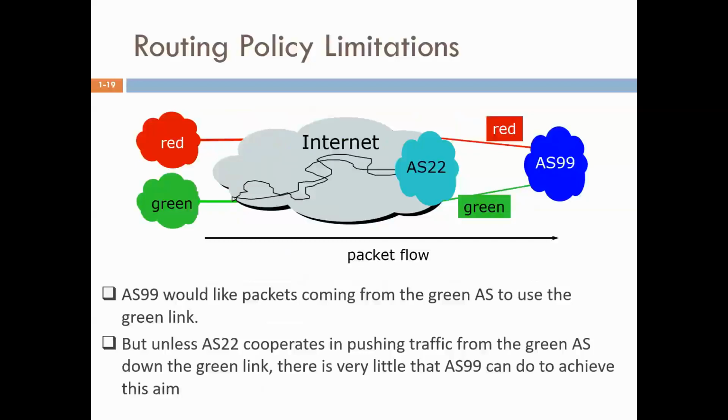The opposite is not so easy. So if the red and green AS are now sending traffic to AS99, that means AS99 must have made an announcement to the red and green AS. The problem is, if in this case AS99 would like to receive the red traffic on the red link and green traffic on the green link, this is not possible unless AS22 cooperates.